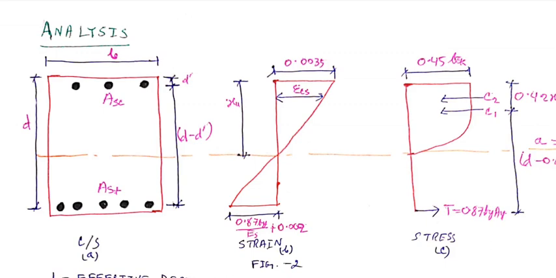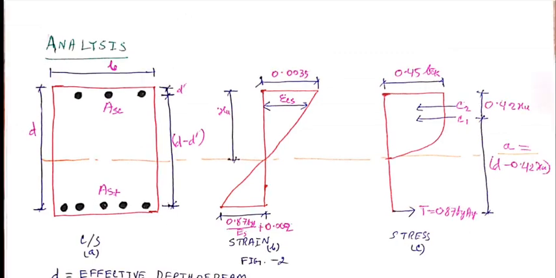You can see the strain diagram, and the value in the upper portion and the value at the bottom portion, and on the right side this is the stress diagram. You can see the values are the same, 0.45 fck, 0.42 xu, and here is the tension 0.87 fy.